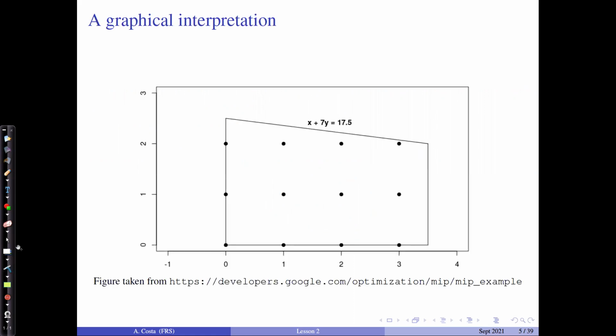So this is a graphical interpretation. Imagine that we have a problem where we have a few constraints. So this is the x-axis, okay? This is the y-axis. And let's say that this is 3.5. Now, the area inside here is your feasible region that is determined by 4 constraints. This one could be something like x less than or equal to 3.5.